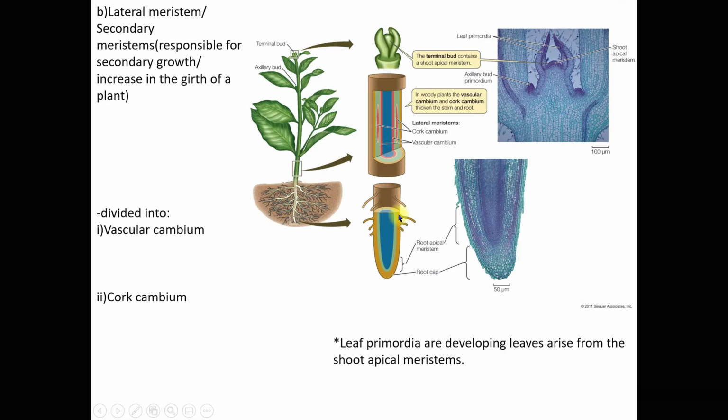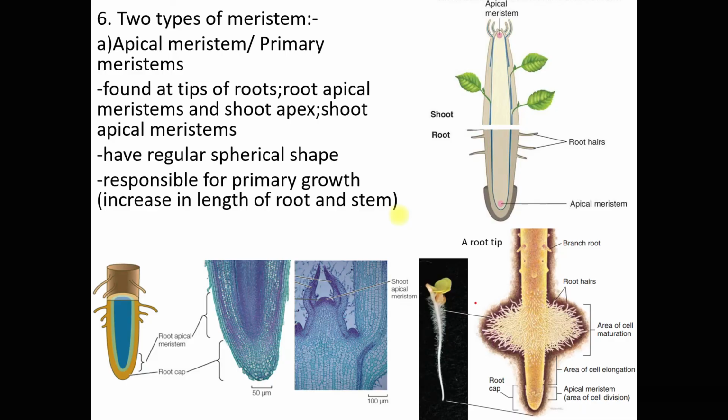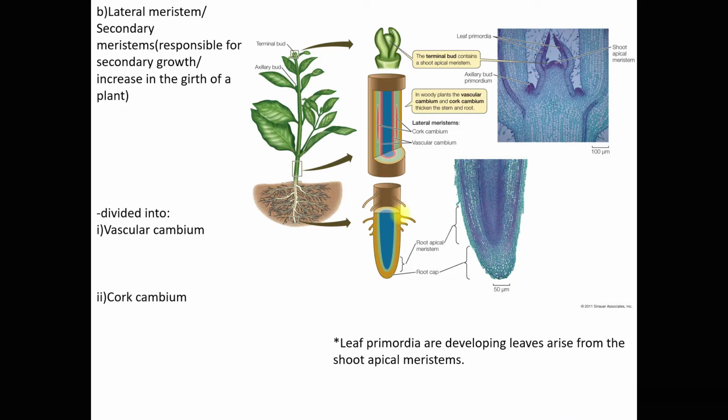Now, next, I said earlier, there are two types of meristem. The other one is the lateral meristem or secondary meristem. The secondary meristem is responsible for secondary growth in plants. So, what is secondary growth? It is the increase in the girth of a plant.